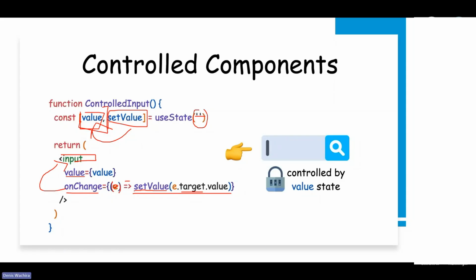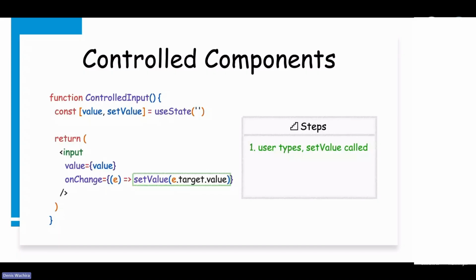Same case with this one. You assign the value, what is in this state, which is the initial empty string. Then you use the onChange listener and pass the event. Then you call the set value function, which is the setter that updates our state.